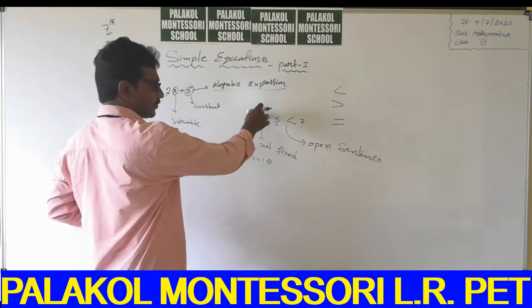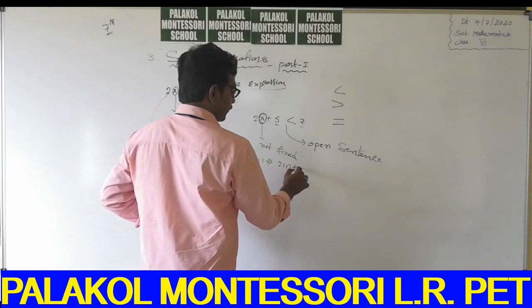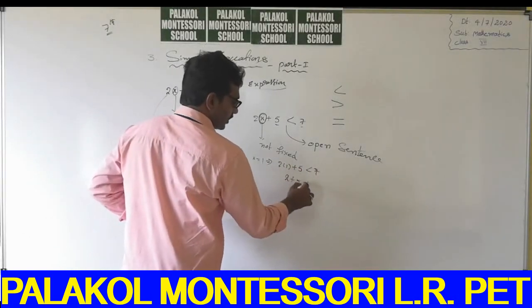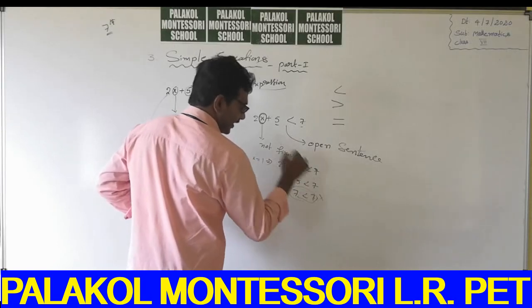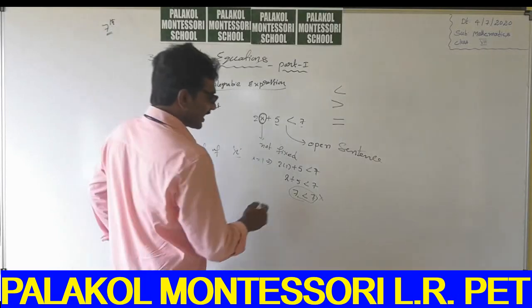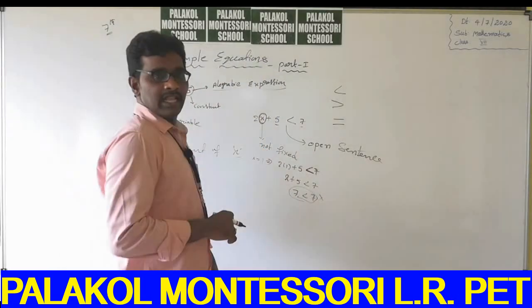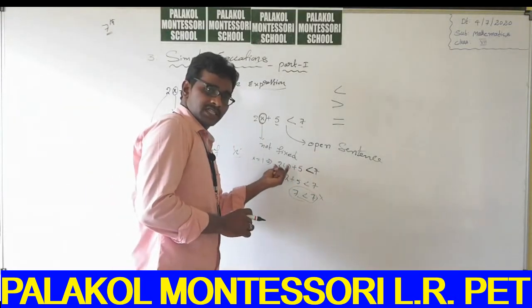Suppose I take x equal to 1. Then 2 times 1 plus 5 is less than 7. 2 ones are 2, plus 5, is 7. Is 7 less than 7 correct or wrong? It's wrong. Why? The condition here is less than, which means below 7.